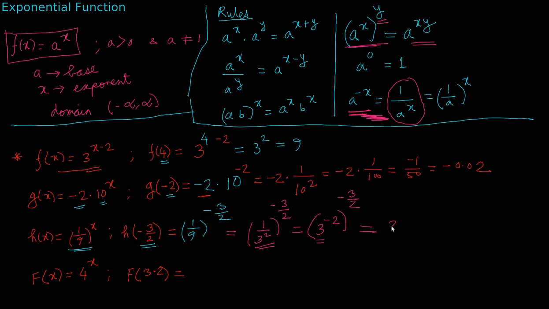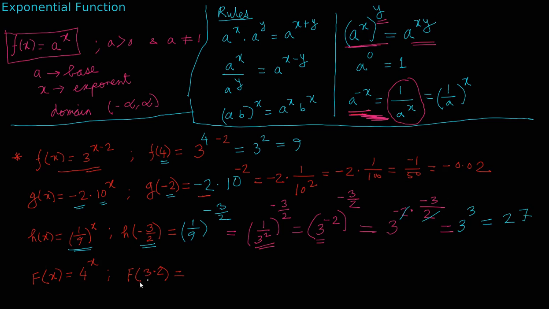So I can write 3 power my first exponent, negative 2, multiplied by my second exponent, negative 3 over 2. As we can see, the 2s cancel out, and the negative and negative become positive, so it becomes 3 power 3, which is 27.